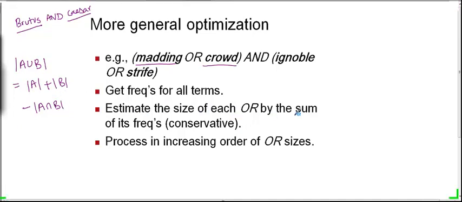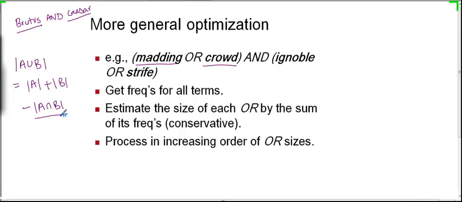We can estimate the size of each OR by the sum of its frequencies, and this is obviously a conservative estimate, because in reality this intersection is going to be finite and the actual length is going to be smaller than the sum of the lengths.